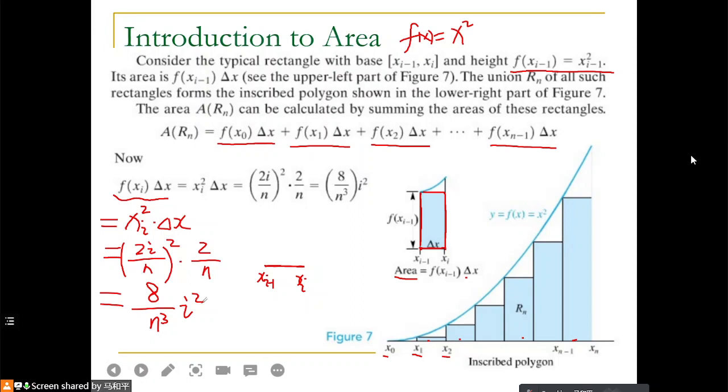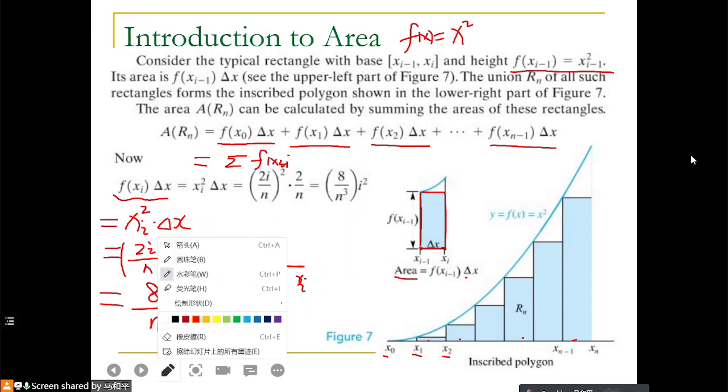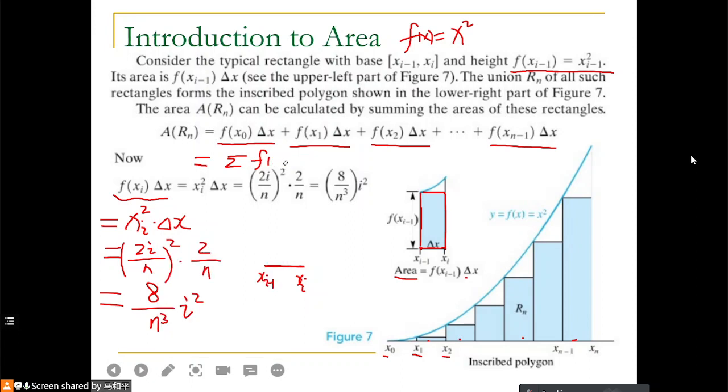We can write this in a compact form. We write sigma of f(xi) delta x, because the first is x0, so this means i from 0 to the last one, n minus 1.